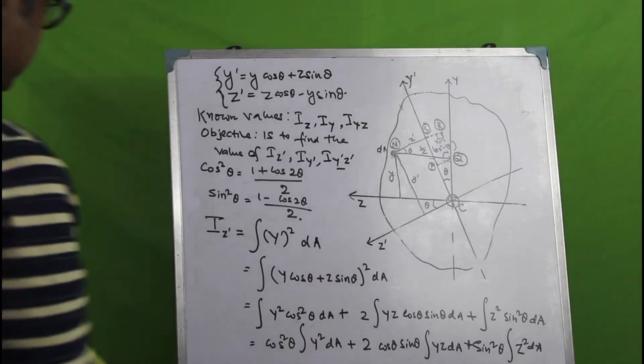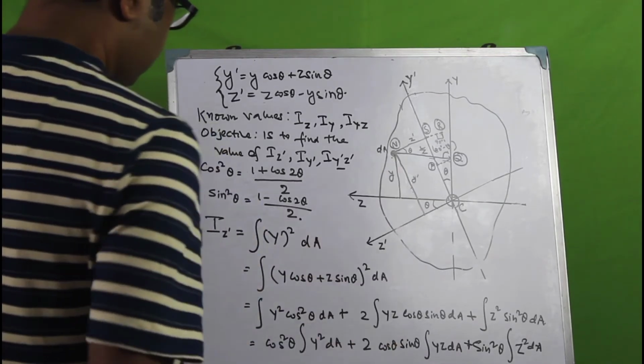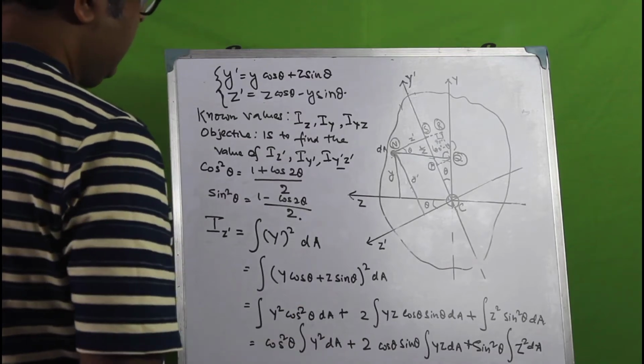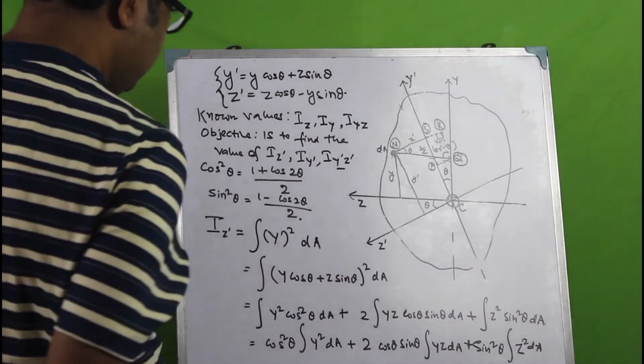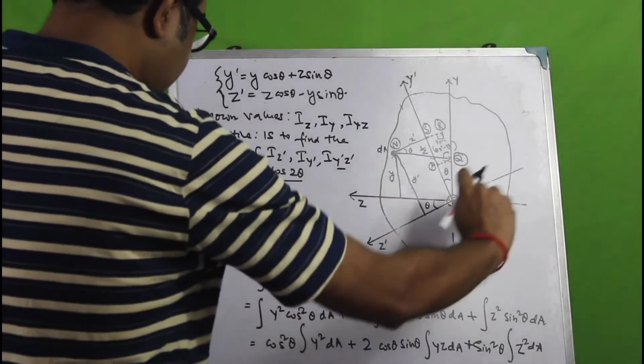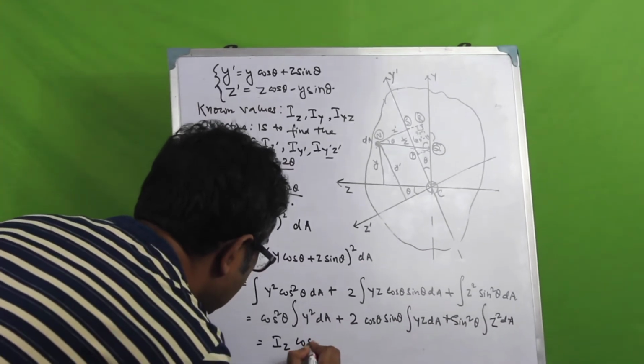What is this y squared dA? The integration of y squared dA is the moment of inertia of the whole cross-sectional area about the z axis. So this would be Iz cos squared theta.